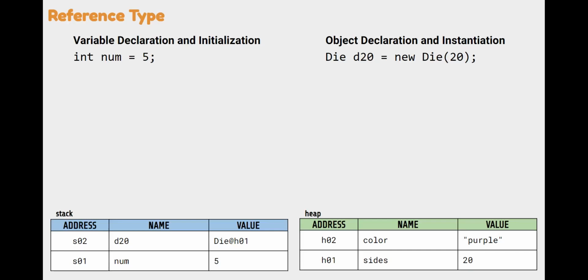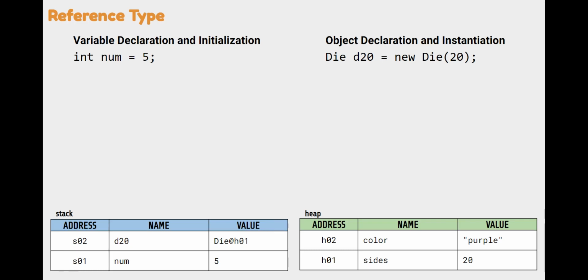We can see in heap memory, we made a spot for sides and set it to 20, and we made a spot for color and we set it to purple. Now that constructor returns the memory address, and that's what gets assigned to D20. So if we look in our stack, D20 gets assigned a reference. It says we have a die at heap 01, and that's where we go to start looking for our variables.